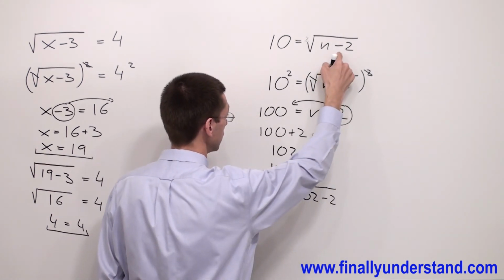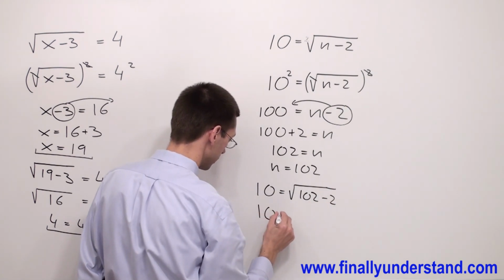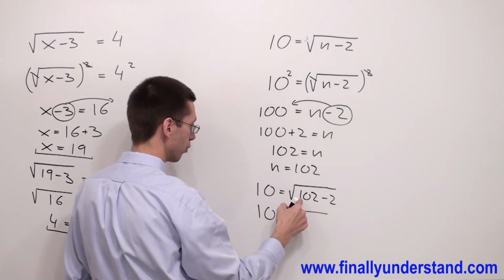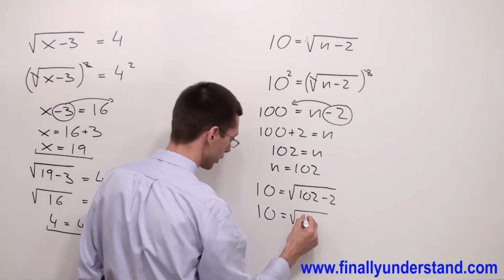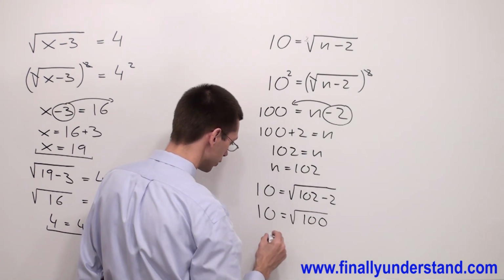I copied down this negative 2 over here. 10 equals square root, and I have 102 minus 2 is equal to 100. Square root of 100 is equal to 10.